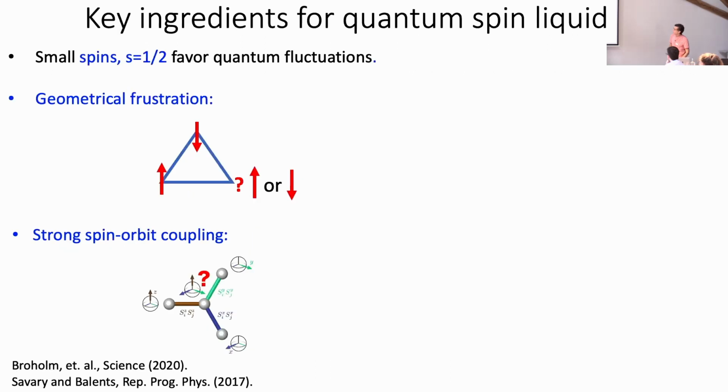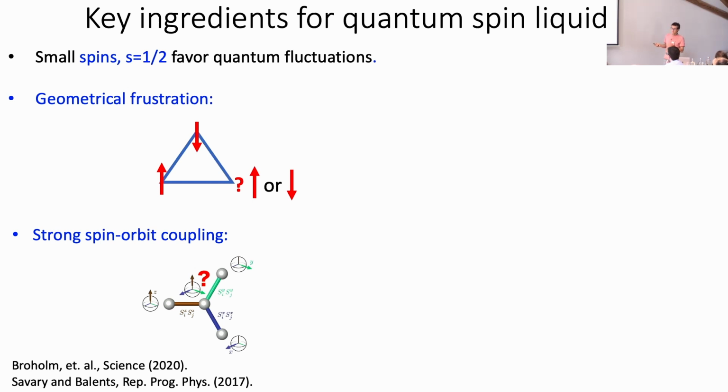Since these ideas, the search for quantum spin liquids has been, of course, very intense. And also, as Takagi has introduced, there are certain ingredients that are important for finding quantum spin liquids.